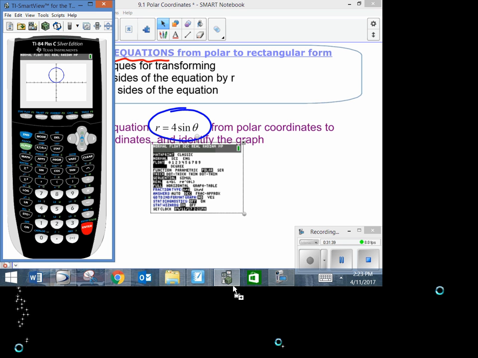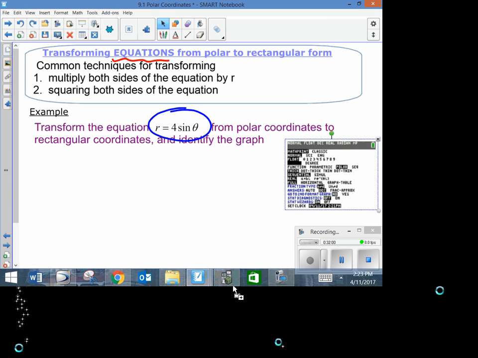And then it looks more circular. But if you look at your window, it's set up to be different. You also have a theta minimum and maximum, you have an X minimum and maximum, and you have a Y minimum and maximum. Okay, so it's getting a little bit complicated already. So you want radian and you want polar when you're graphing.